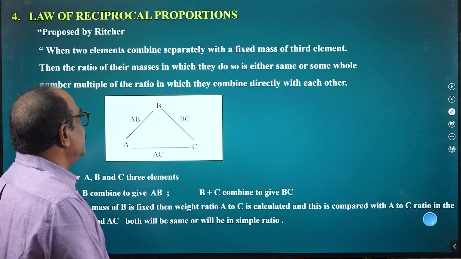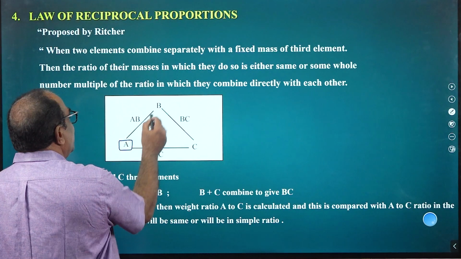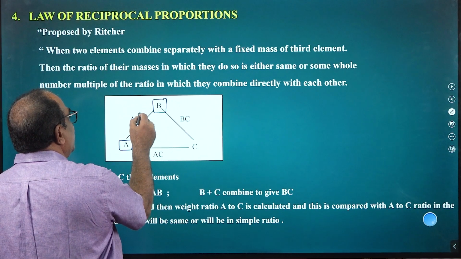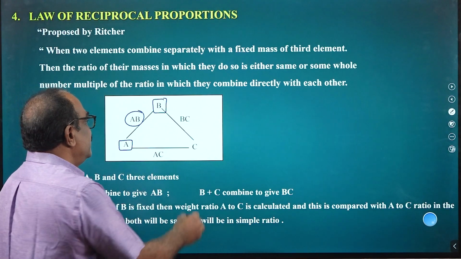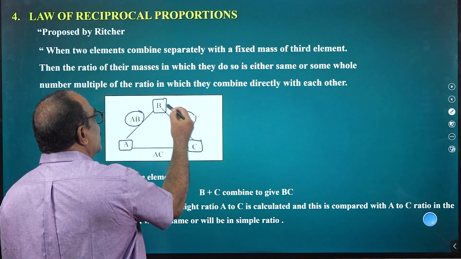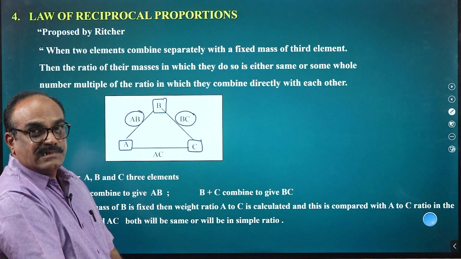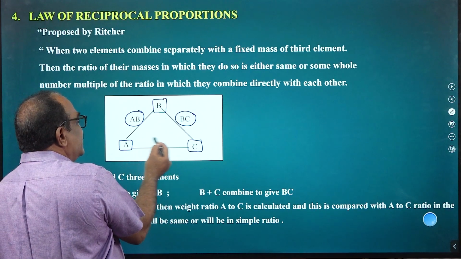Now let us consider the chemical compound formations. Element A is combining with B to produce the compound AB. Similarly, element C is combining with B to produce the compound BC. With a fixed weight of B, A and C are combining.